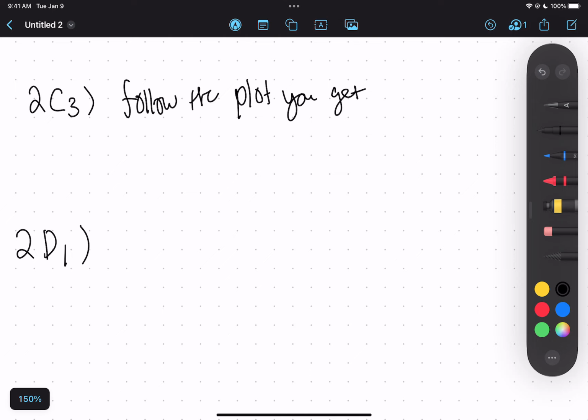What do we want to do? It says, recall that the entropy contributes to G by the term negative TS. And they told us that the temperature here is 25 degrees Celsius, right?